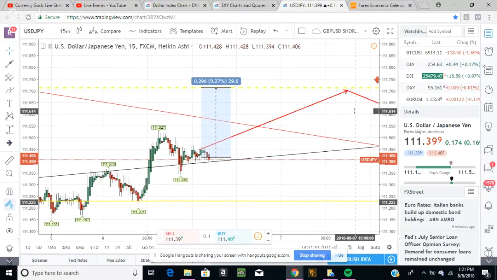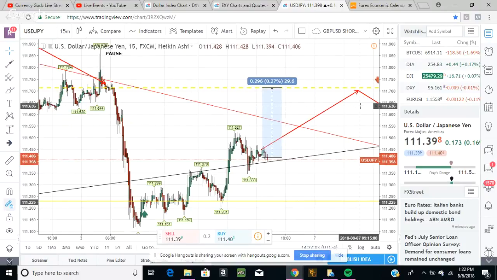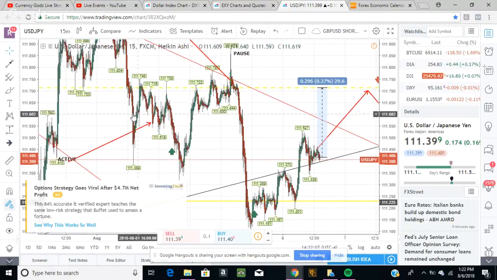On this 15-minute chart, what I'm expecting to happen is the market pulling up first to this 111.715 zone, and then retracing. Why do I say that it's going to retrace? I know a lot of you may be wondering that. There's something called an active and a pause movement.